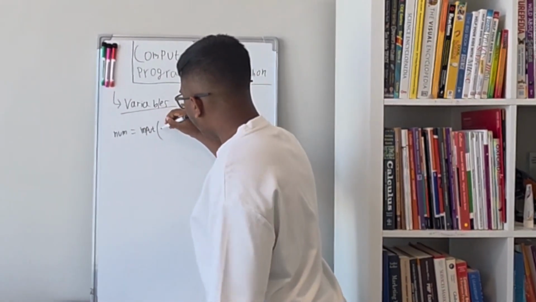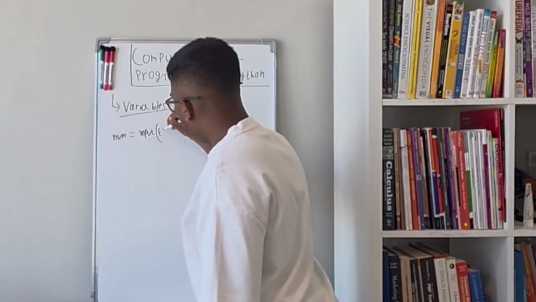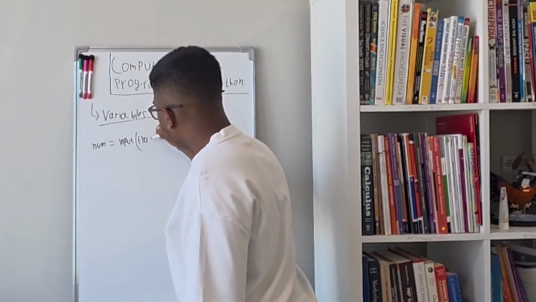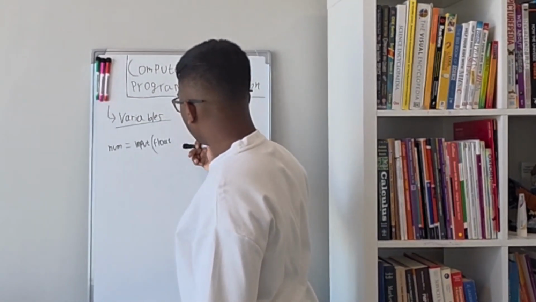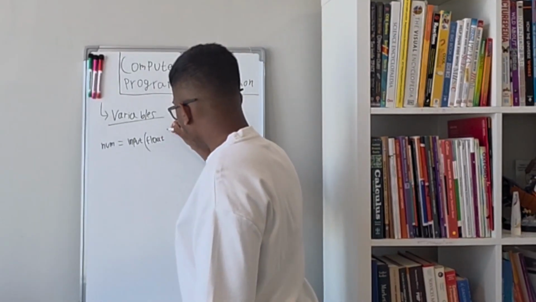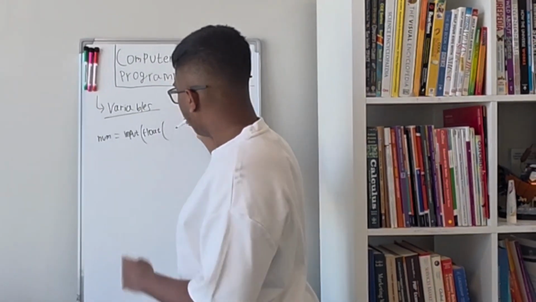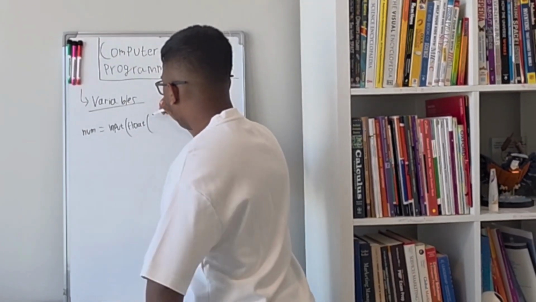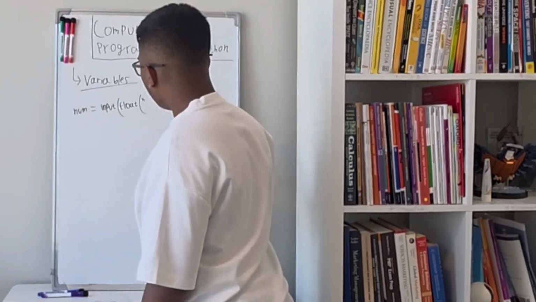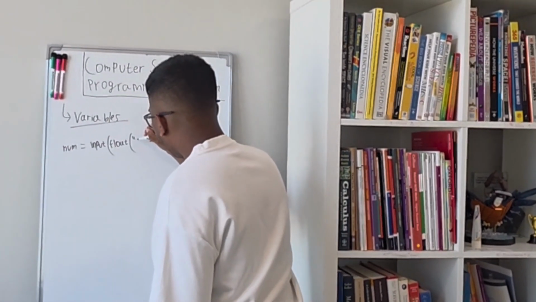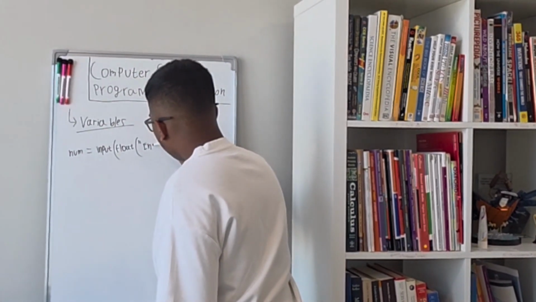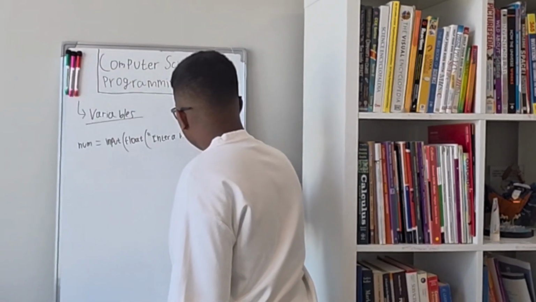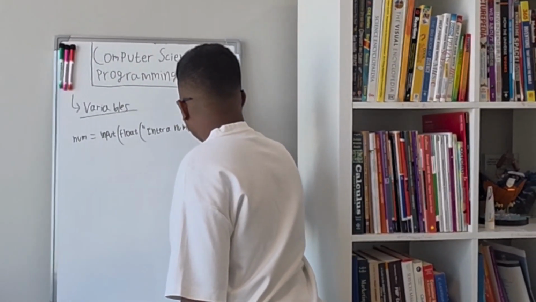So what we would write is float, bracket, and then we would write our prompt. So let's say enter a number.